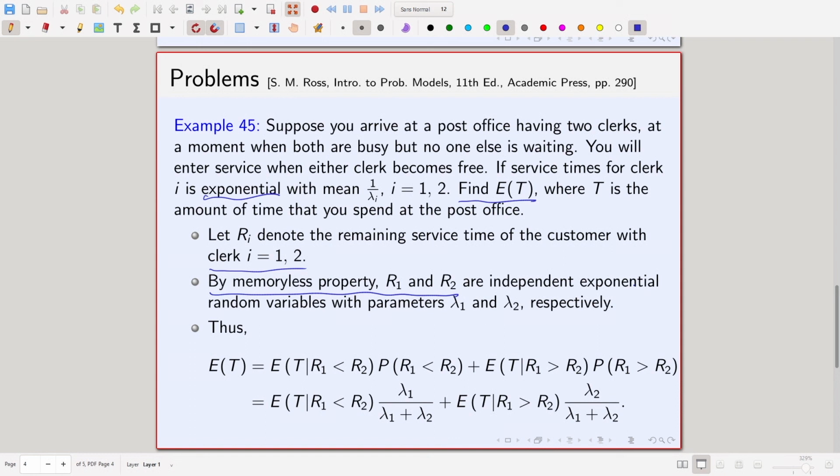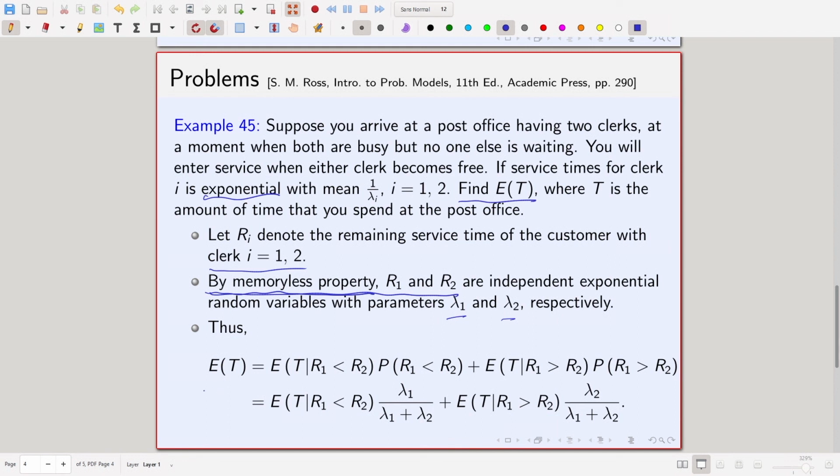R1 and R2 are independent, because these are two different clerks serving, so they are independent exponential random variables with parameter lambda 1 and lambda 2 respectively. Again we use the memoryless property to claim that the remaining service time has the same distribution as the original service time. That's the memoryless property.